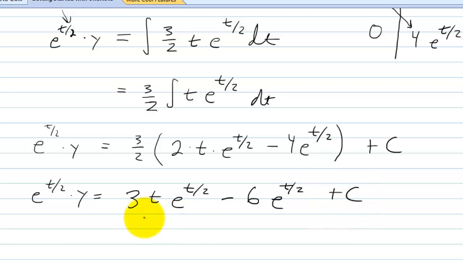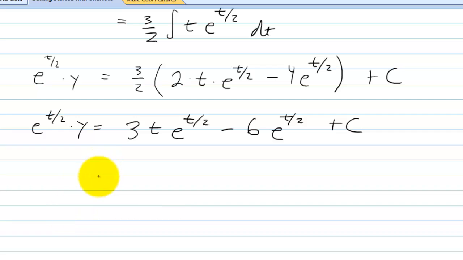Now at this point, we want to isolate this y, so let's go ahead and get started on isolating the y. And you're going to get y is equal to, since I'm dividing everything in this equation by e to the t divided by 2, it's going to get rid of it here.